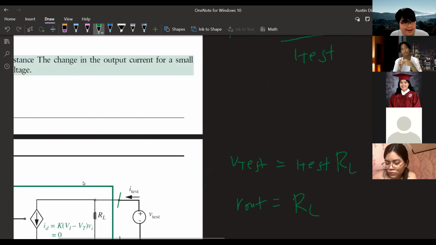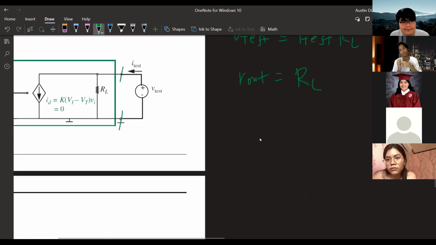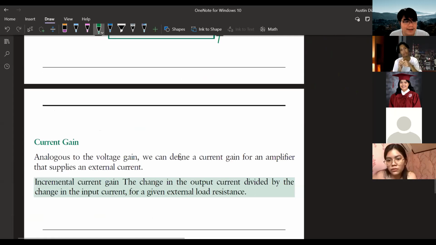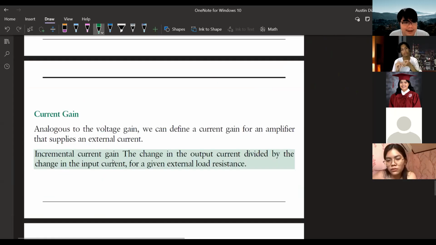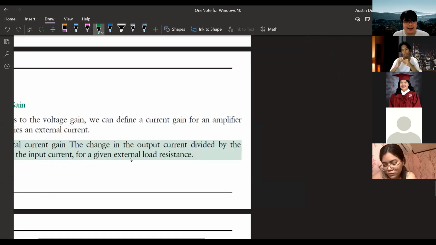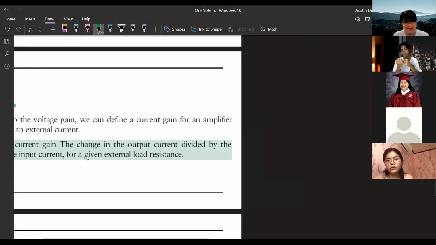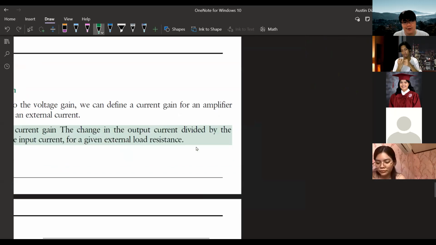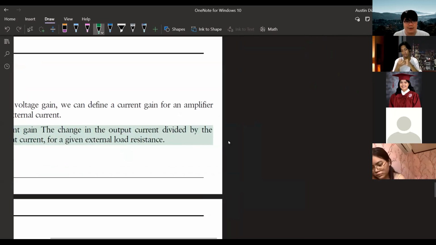Okay, terminologies. Next is the current gain, the incremental current gain. So the change in the output current divided by the change in the input current for a given external load resistance. So merong ganito. So maglalagay ka ng load doon sa output. So try natin. Sulat muna natin yung gain natin.